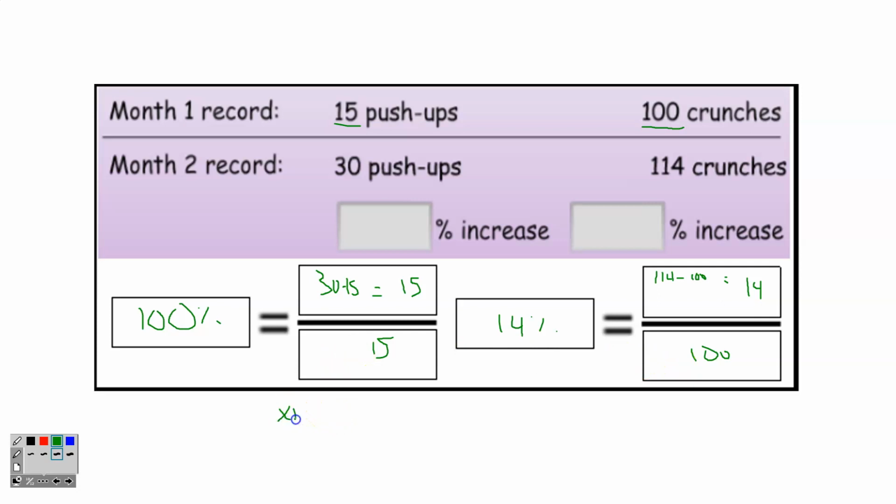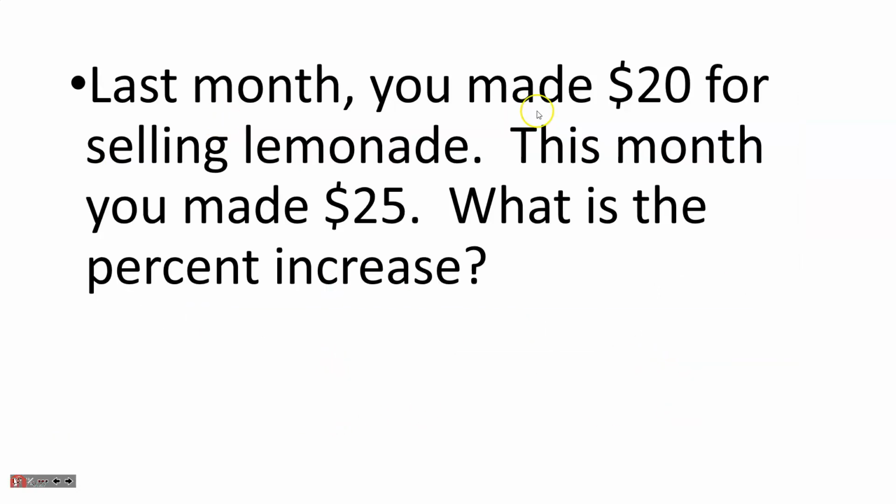This problem, last month you made $20 for selling lemonade. This month you made $25. What is the percent increase? So remember, we have to find the difference. So I'm going to do 25 minus 20, which gives me 5, and I'm going to divide it by the original number.